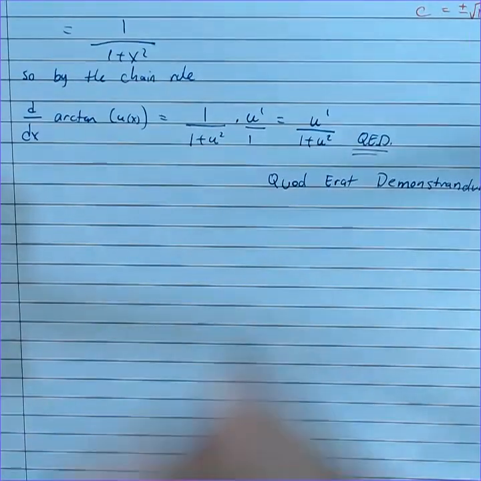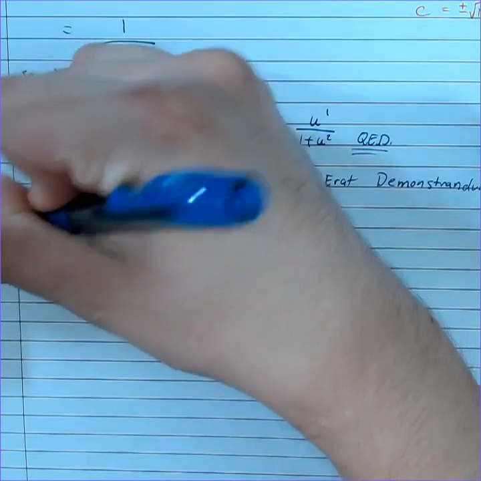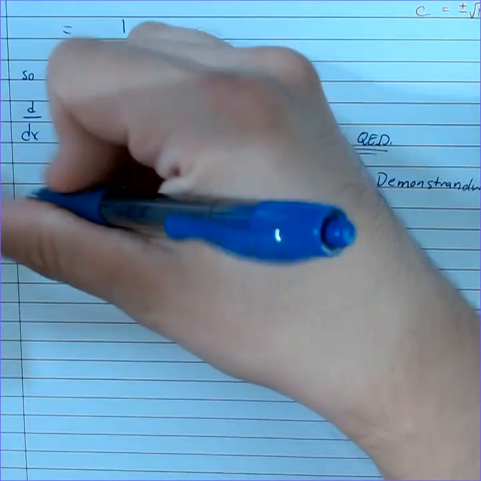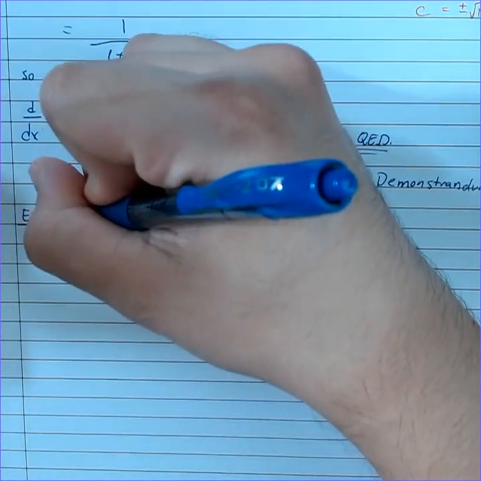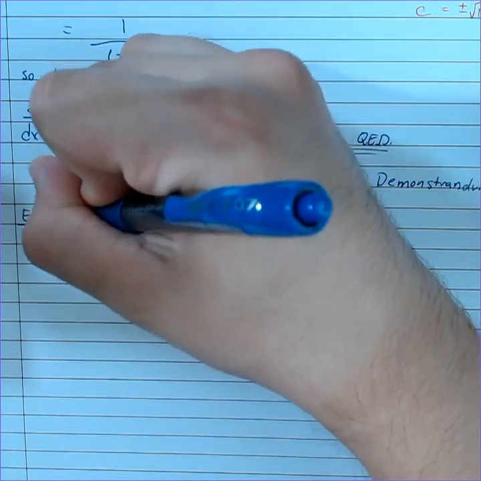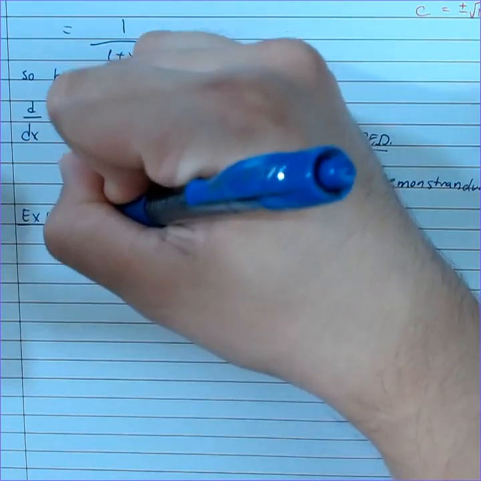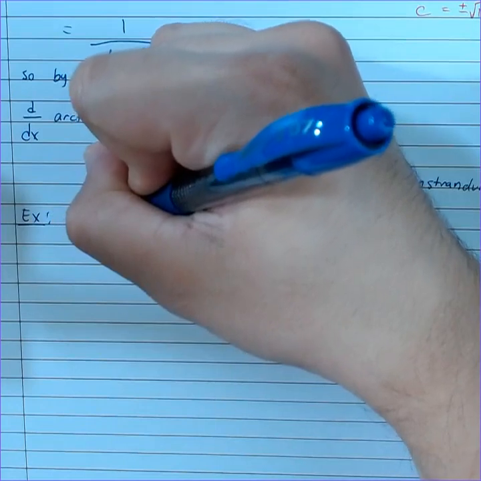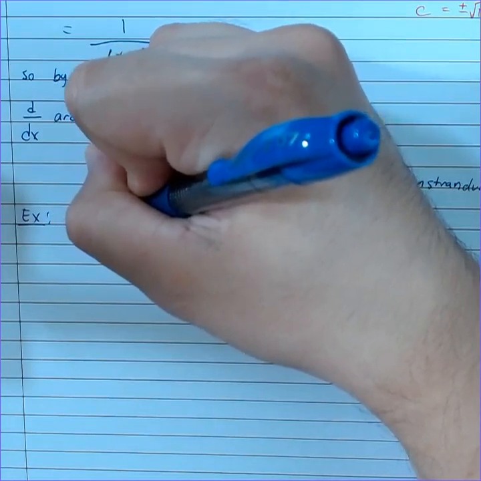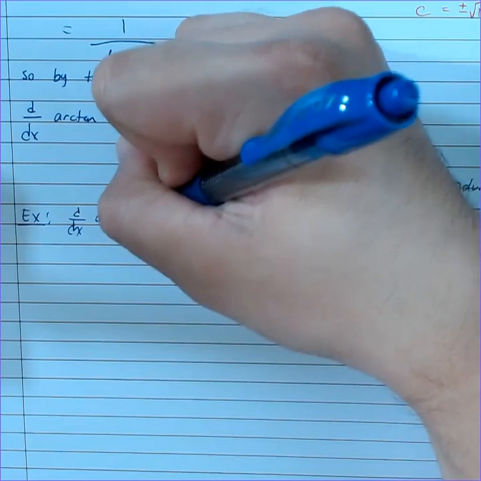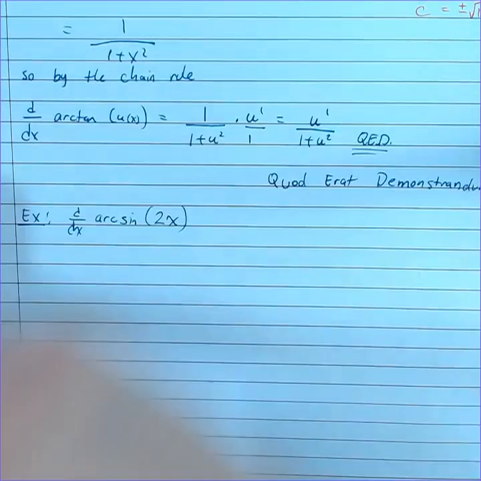All right, so let's take a look at some examples of using this. Example, let's start off simply. Let's say we want to find the derivative with respect to x of the arc, I don't know, let's say the arc sine of 2x.